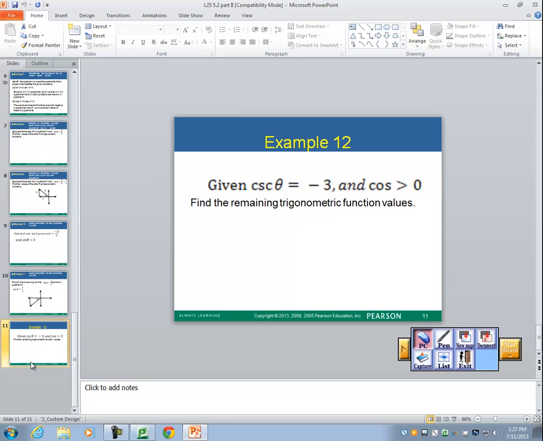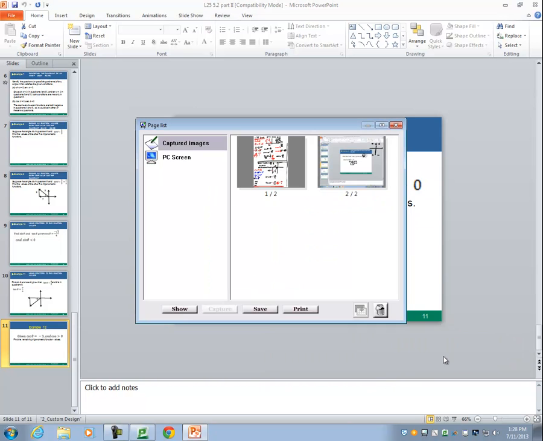And here we're given cosecant theta is a negative 3, and cosine is greater than 0. Find the other trigonometric functions. Okay, so we'll rewrite this.